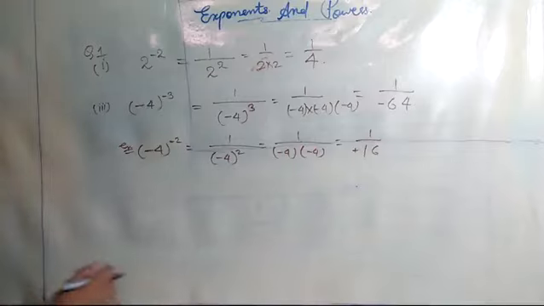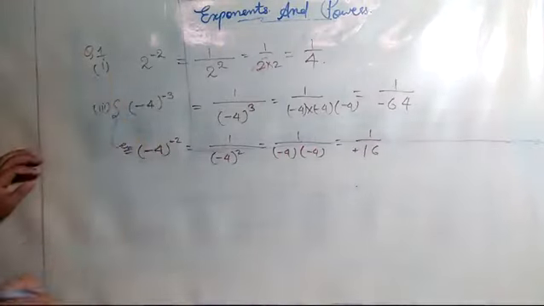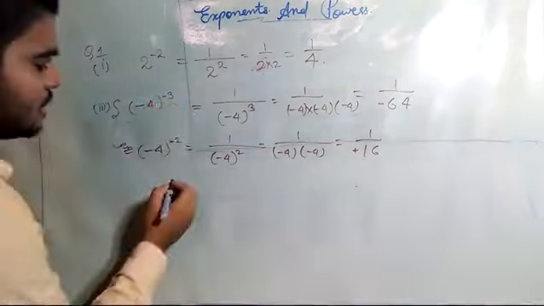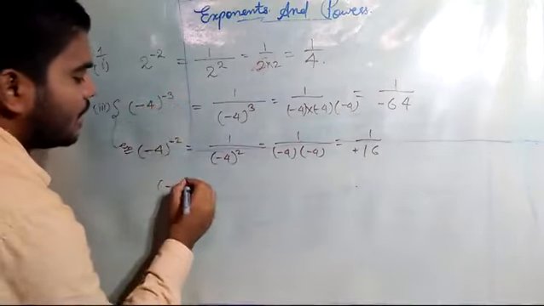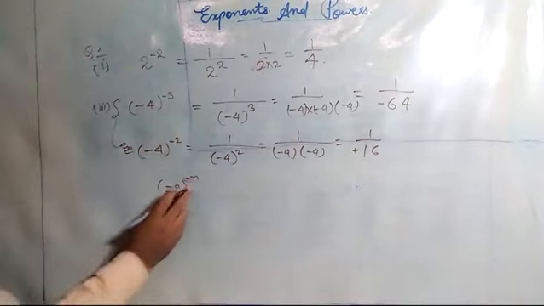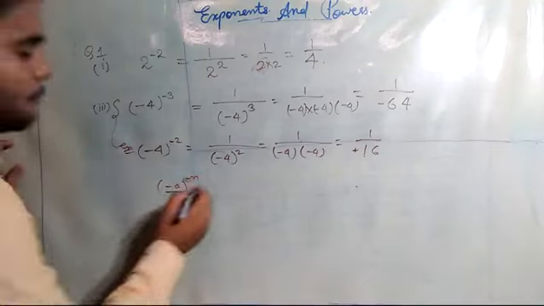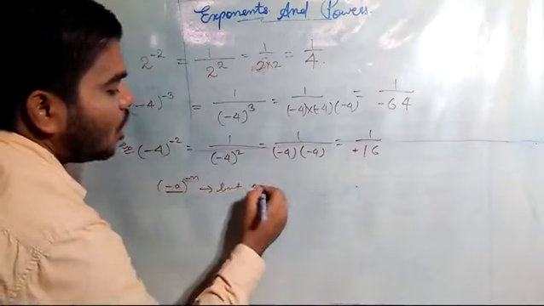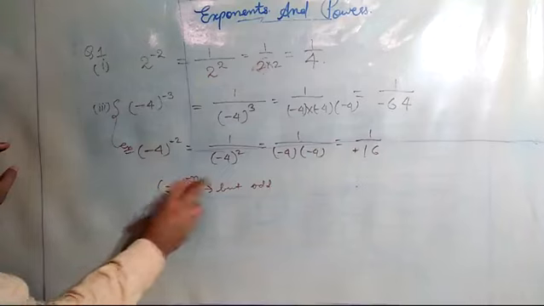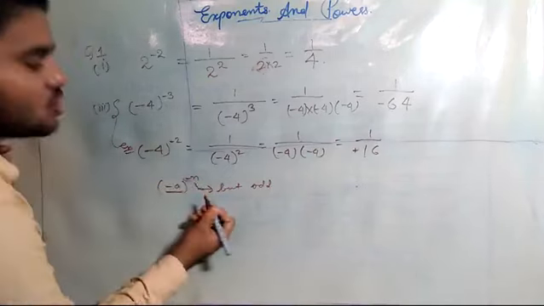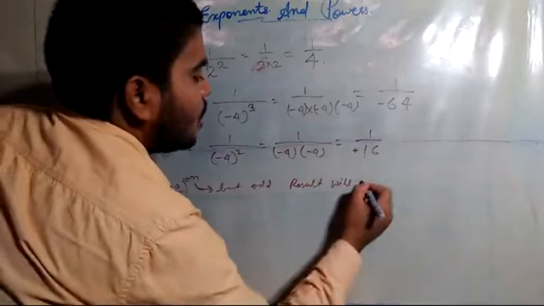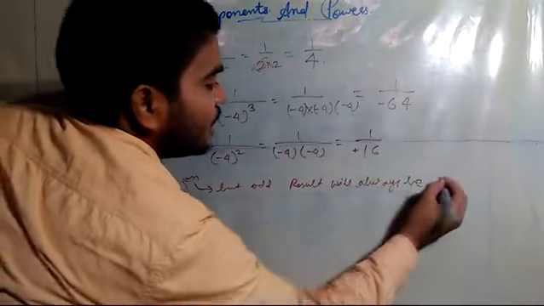So here what we have to observe is that when we have negative powers in odd form, like if I have minus a raised to the power minus n, this base is negative and the power is also negative, but the power is odd, then your answer will always be negative.